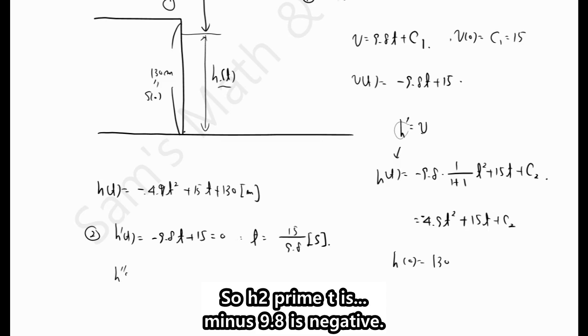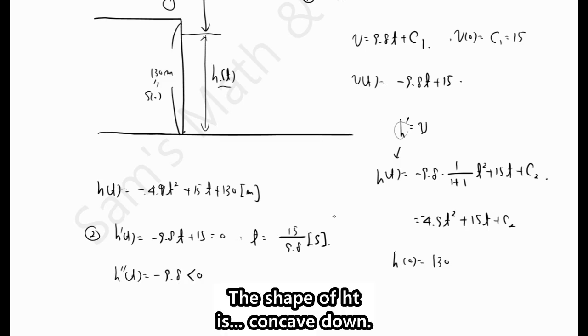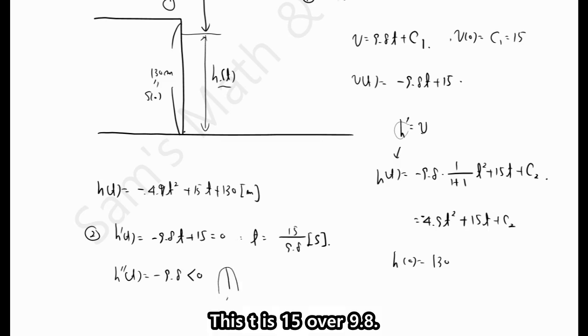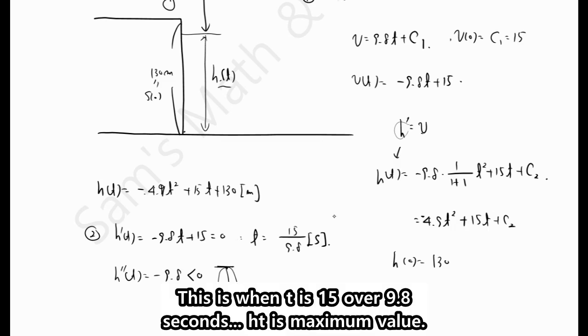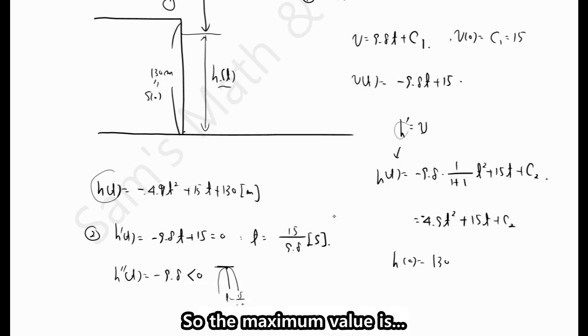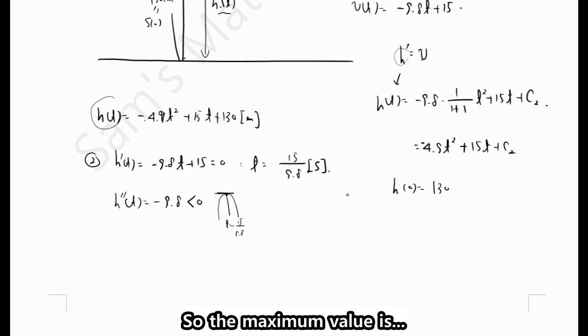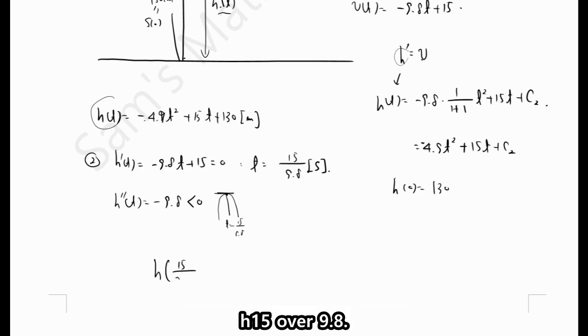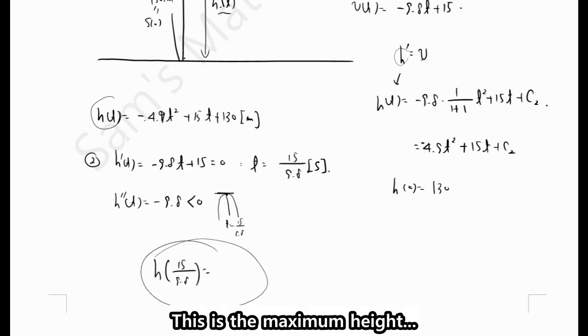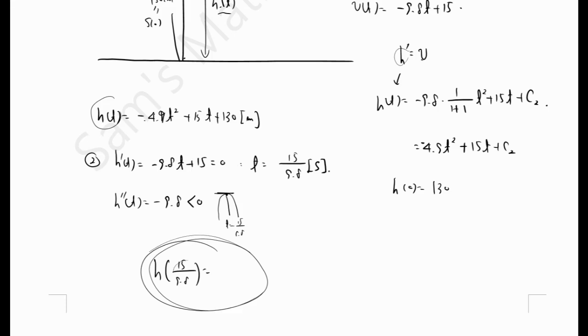So h double prime of t is minus 9.8, which is negative. The shape of h(t) is concave down. At t equal to 15 over 9.8, this point is a local maximum. So when t is 15 over 9.8 seconds, h(t) is the maximum value. The maximum value is h of 15 over 9.8. This is the maximum height.